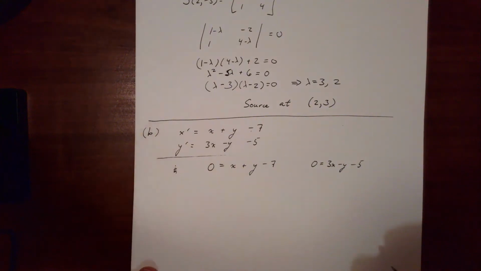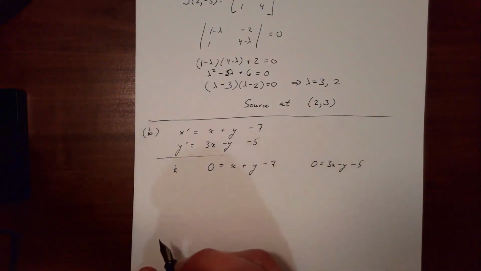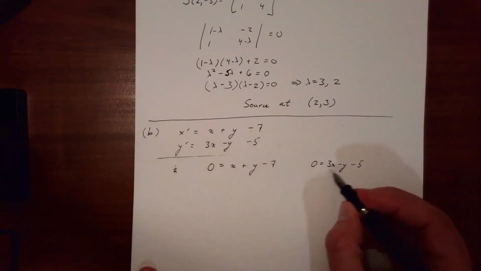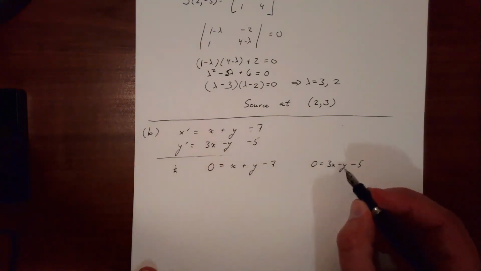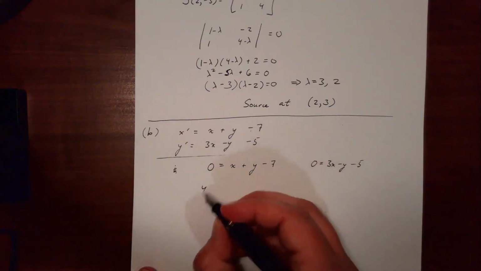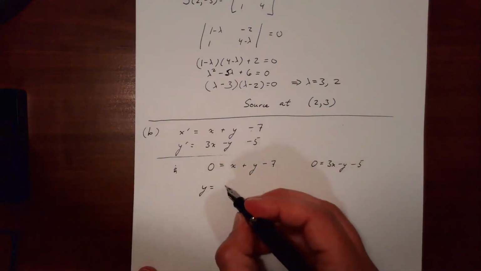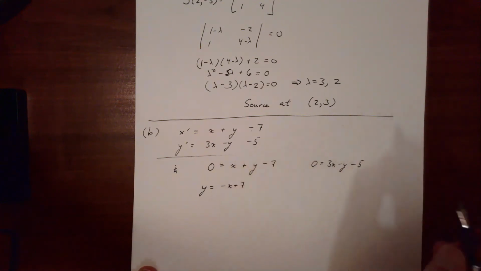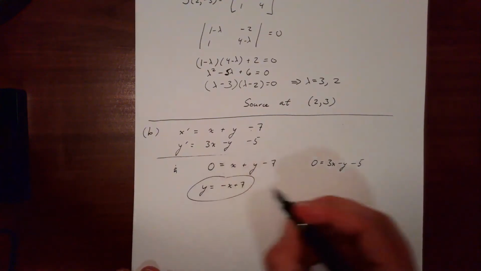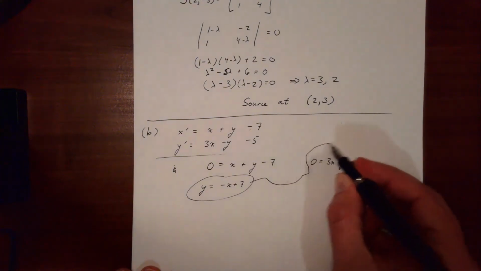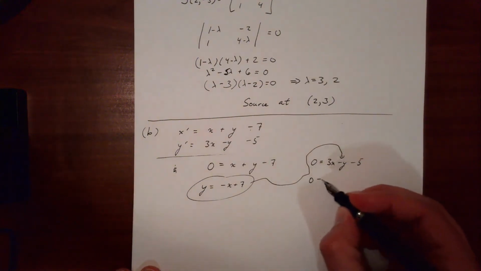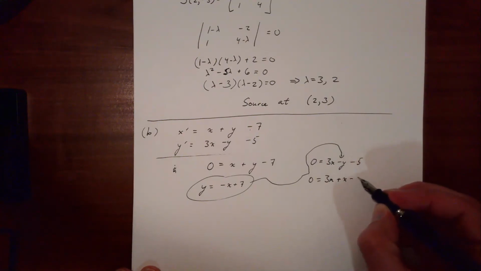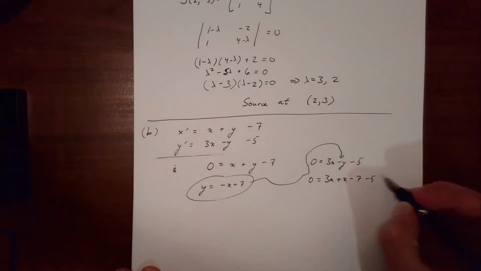And to solve them, we can just do what we did before here, just because I'm thinking ahead a little bit, I don't want to have to distribute something. So I might as well just solve this one for y, and I'll get negative x plus 7. And that goes in here. So then 0 equals 3x plus x minus 7 minus 5.